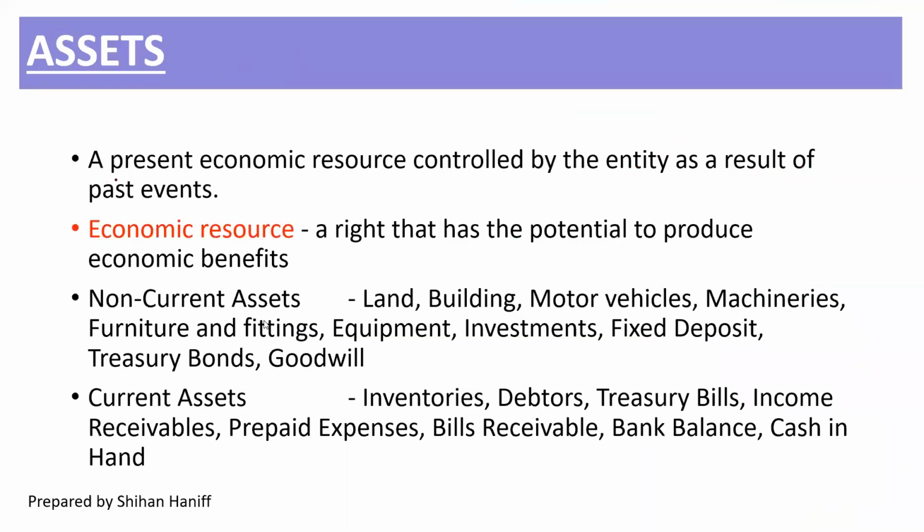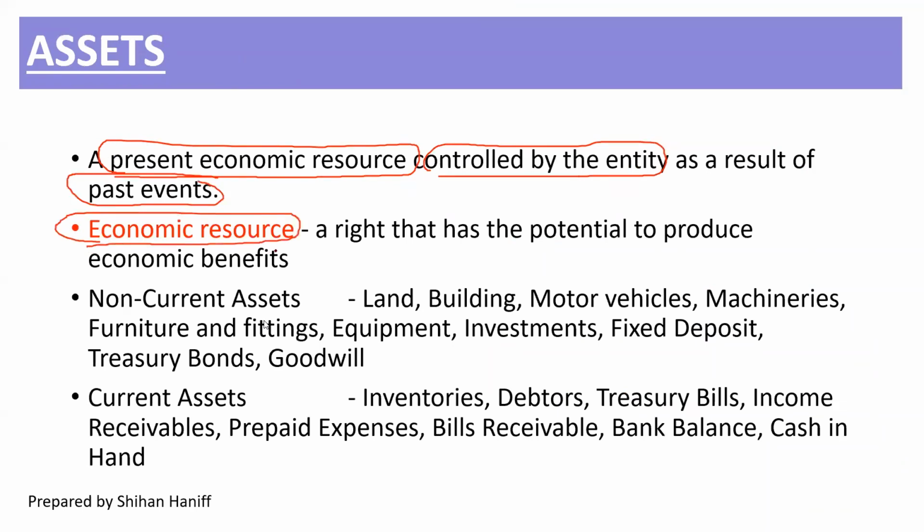Asset. Assets are, we call it, a present economic resource controlled by the entity as a result of a past event. So in the definition, it says it is an economic resource. Economic.